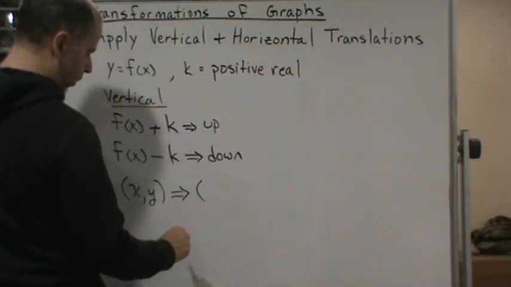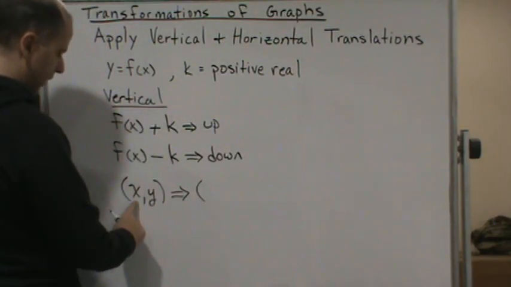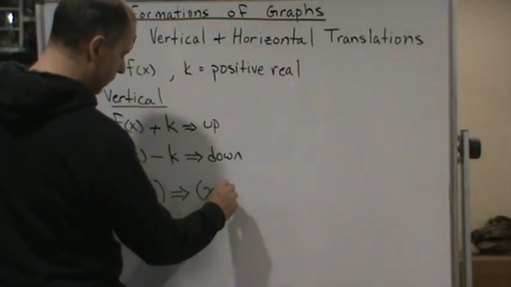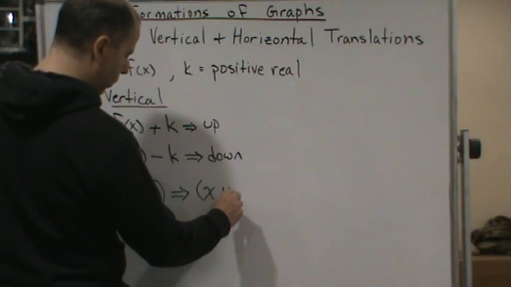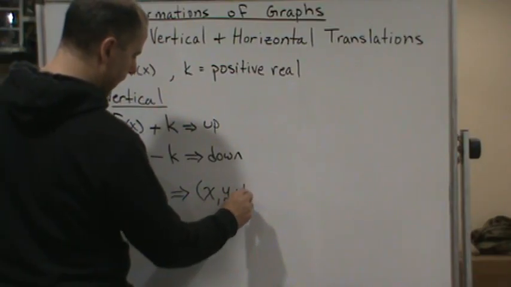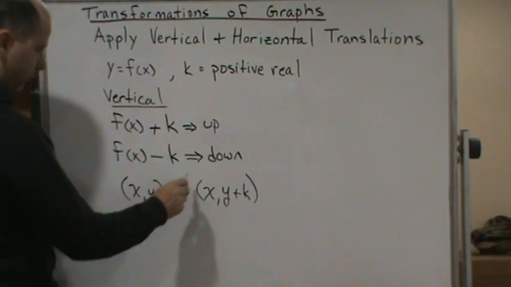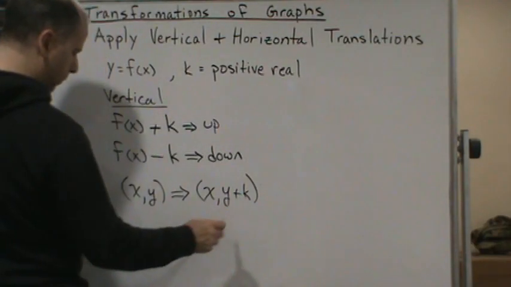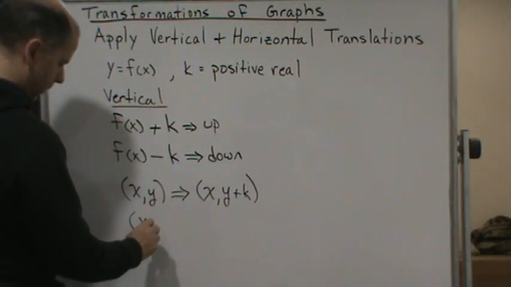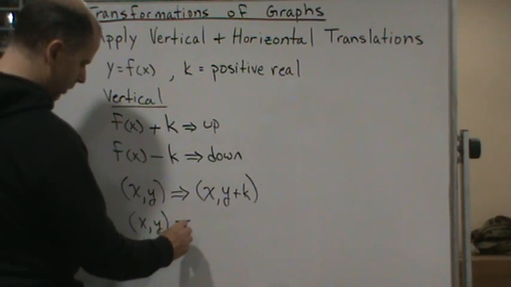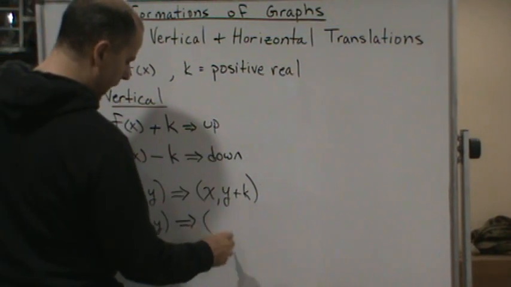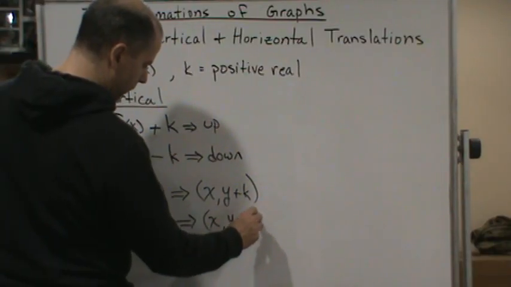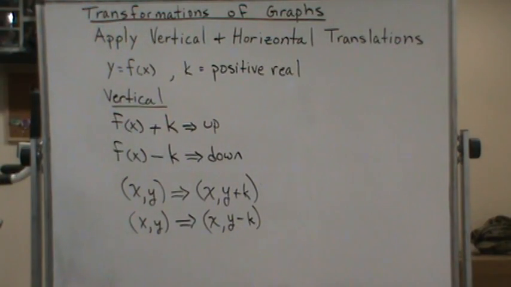So instead of x comma y, now it's going to look like x comma y plus k for an upward shift, or if we're shifting down, all the points are going to be x comma y minus k.